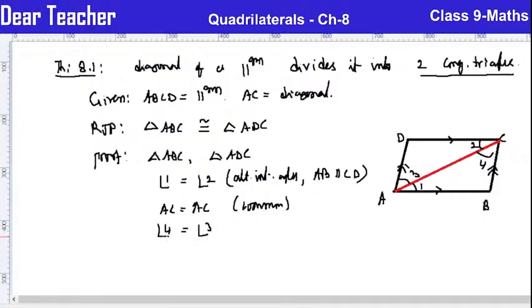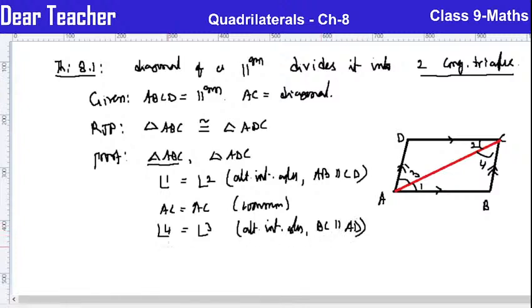Why did I write angle 4? Because angle 4 is in ABC. All the left hand sides are the parts of ABC. Right hand sides are the parts of ADC. Same reason, alternate interior angles, and BC is parallel to AD.